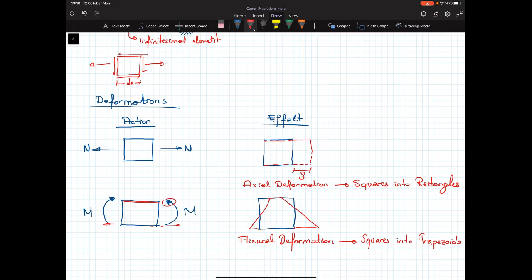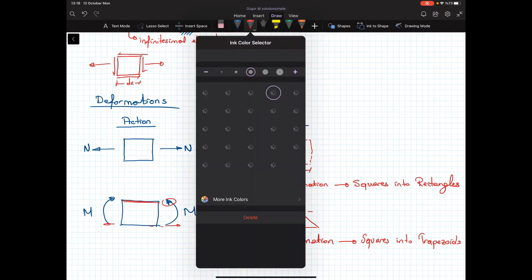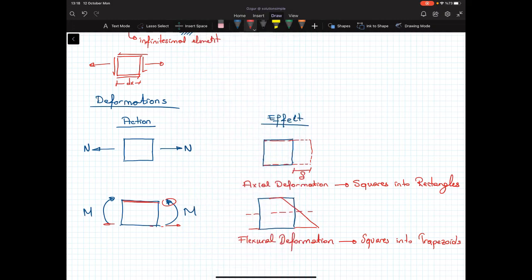Okay, so how do we describe that deformation? In a very simple way. We will go over it again later on, but we just use this angle. Sorry, let me erase that and redraw it.